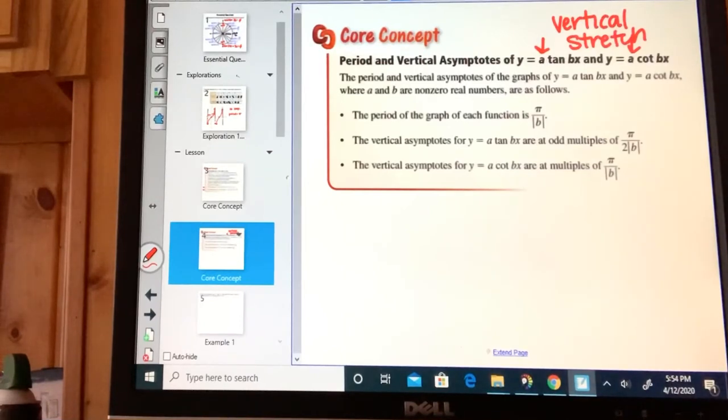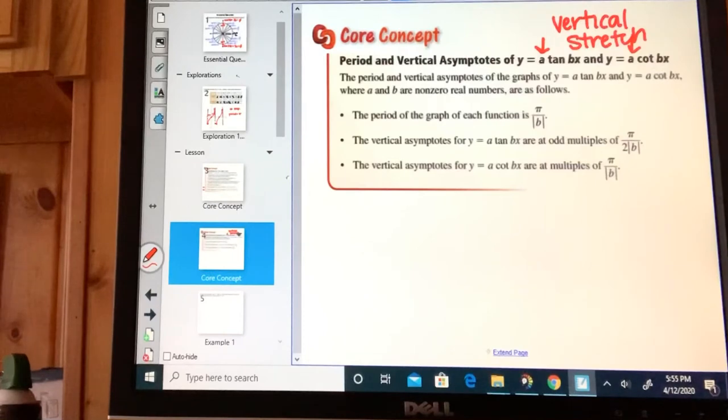The period for each function is pi over b. So just like before, we said, well, a full circle is 2 pi for sine and cosine, and we would divide that by the b value. Because the period of tangent and cotangent is pi, we just have to divide it by that b value.